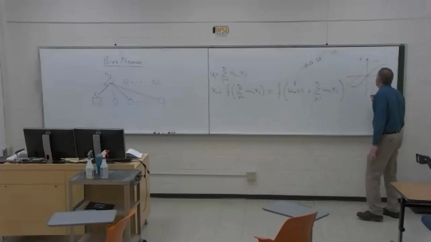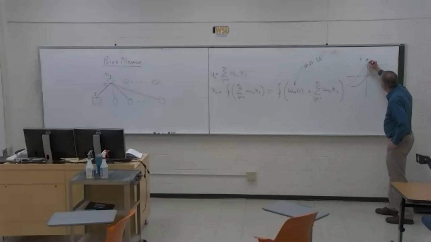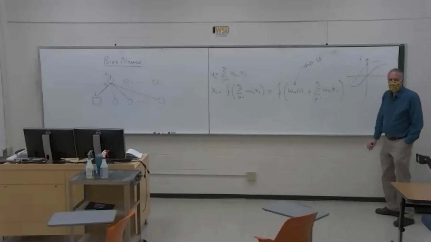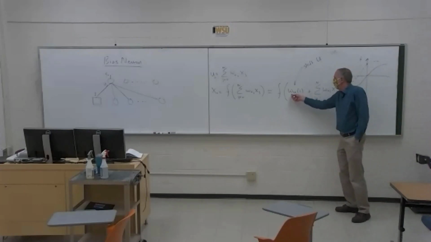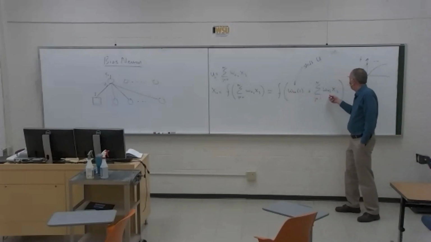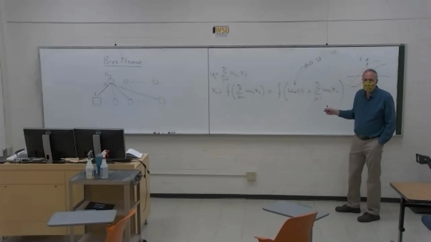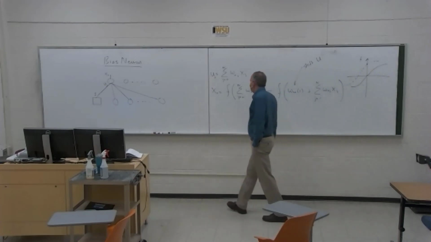And that's why, even for a 0 net input, you can get a non-zero output. So you can think of it as shifting the f. If you have this here, then you can add that to a 0 coming in, and you can get an output out. So that's why we do bias neurons.